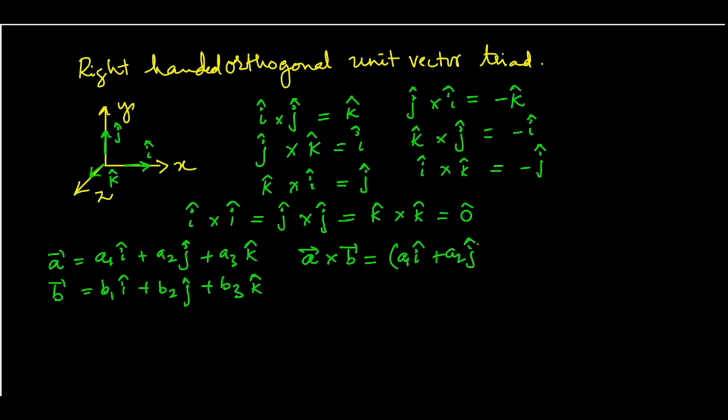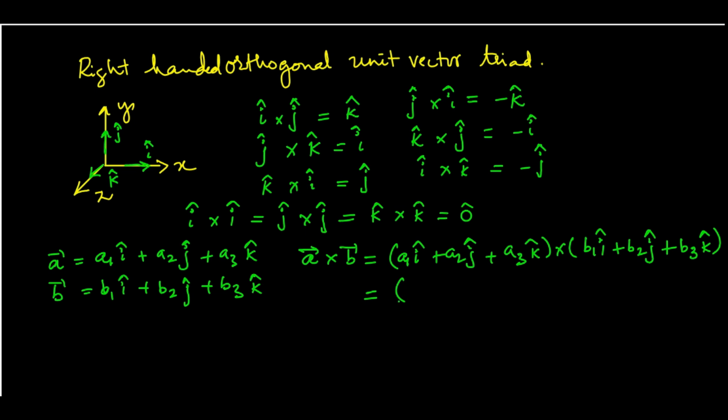A1 i cap plus A2 j cap plus A3 k cap cross B1 i cap plus B2 j cap plus B3 k cap. If we do this, i cross i is 0, i cross j is k, and i cross k is minus j.